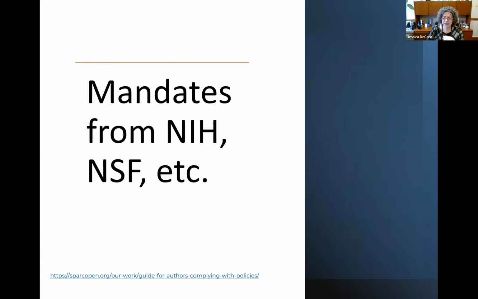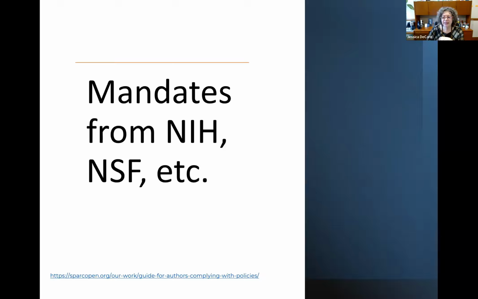So in response to the OSTP memo, federal agencies now require authors to deposit their manuscripts into agency repositories or other repositories. And so the agreement that the faculty approved in 2024 is that if faculty choose to, they can also put their journal article into the case repository.